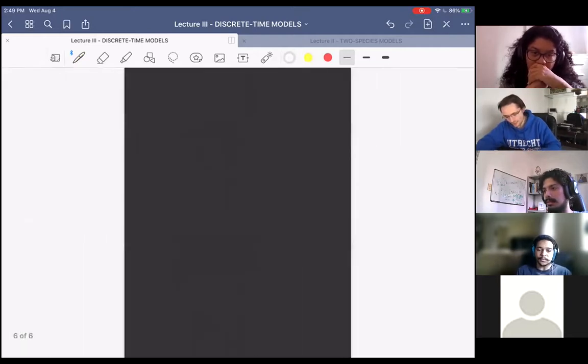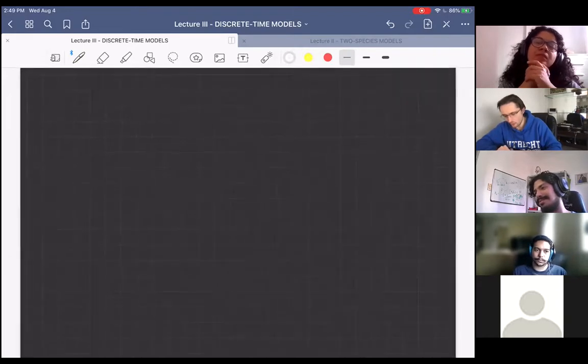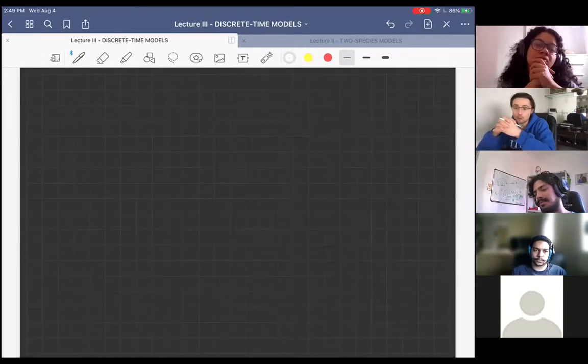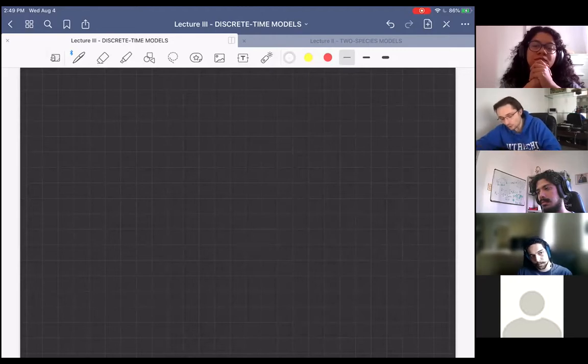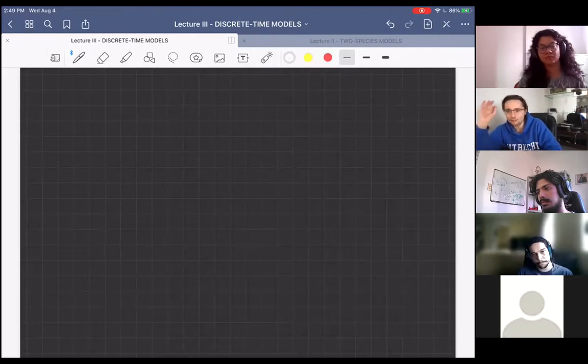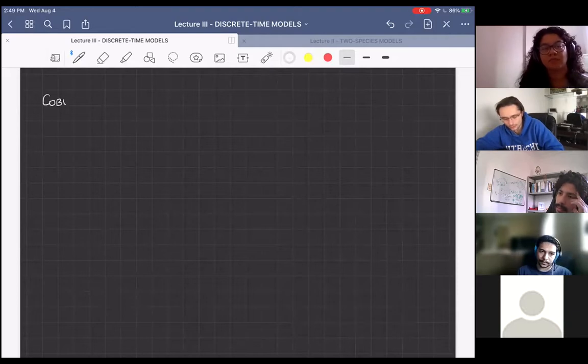So far there is nothing especially hard in this kind of model, but there will be, and because there will be, there are ways to analyze these models that are going to be extremely helpful. The one that we're going to use a lot, and you will see in 15 minutes how really important it is, is what is called the cobweb analysis.